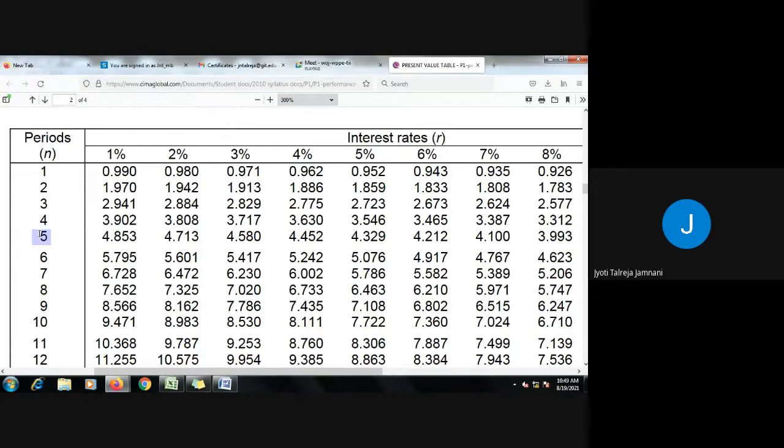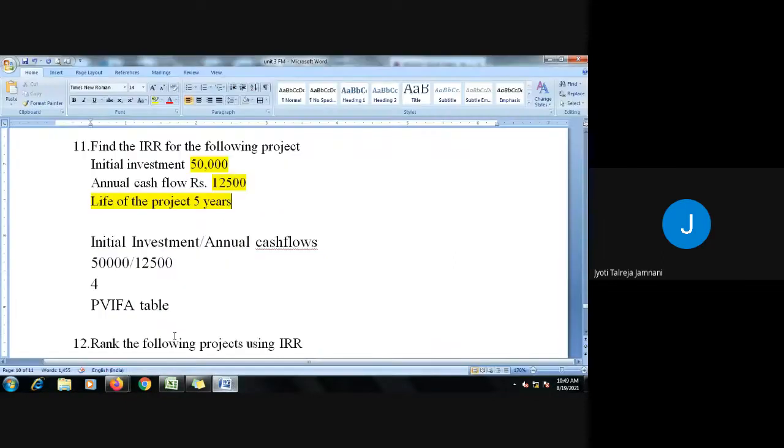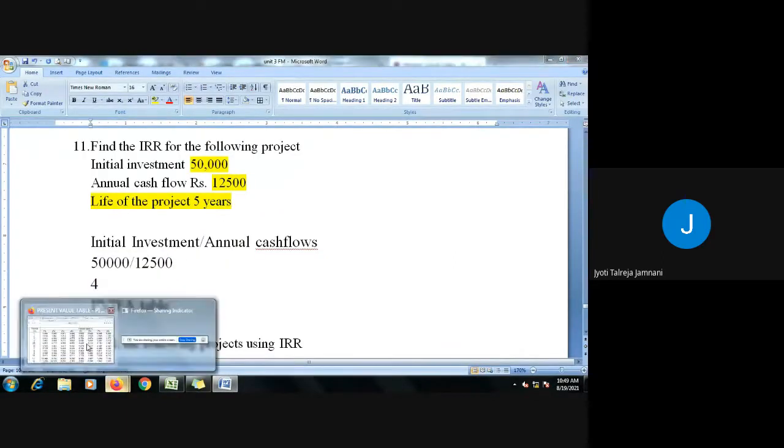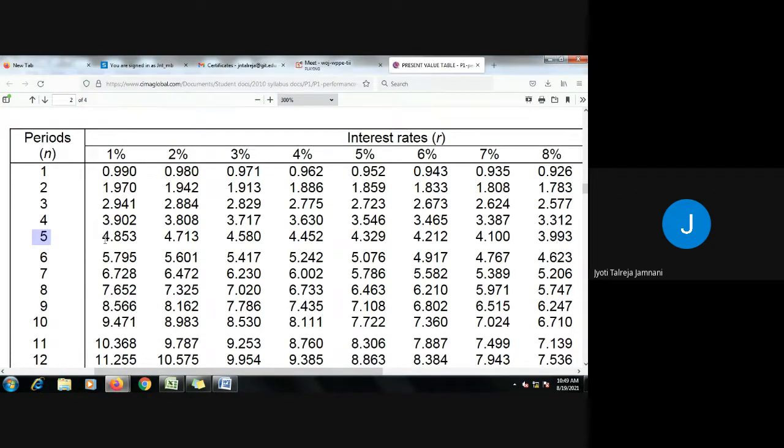So here we got an answer called 4. We have to search for this answer in that table. How to search? For 5 years, I will go on searching where I'll get exactly 4. Is this 4? No, it's more than that: 4.853, 4.731, then 4.580, and so on.